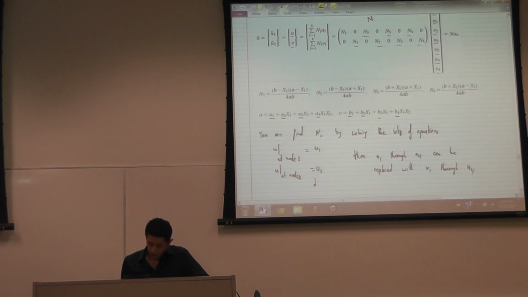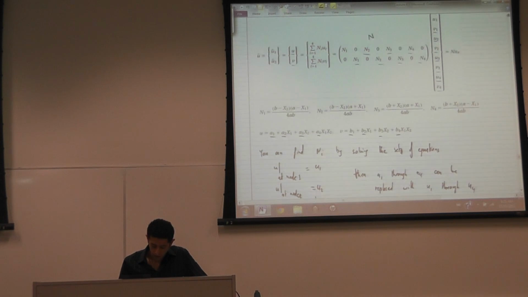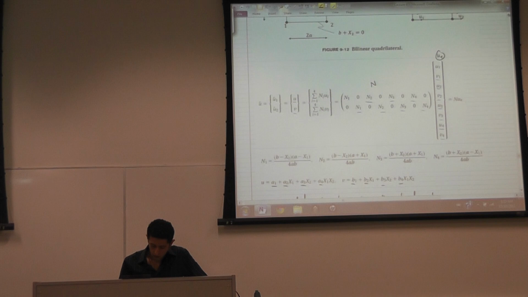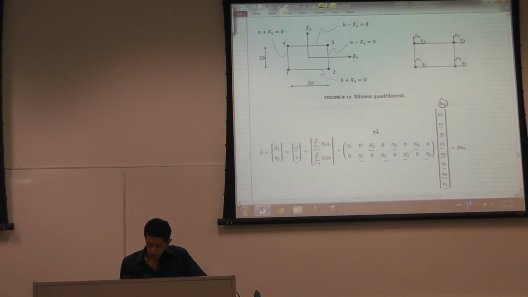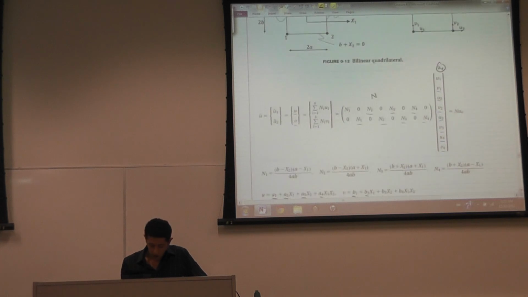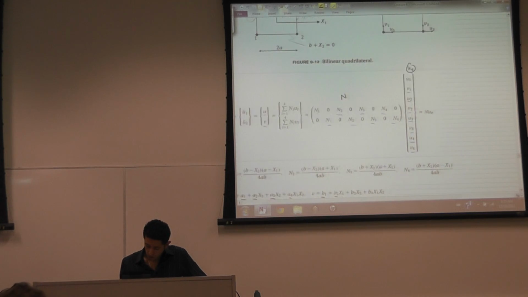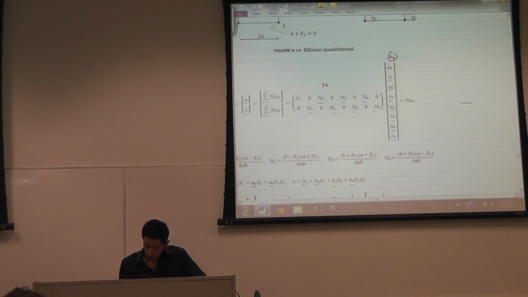Now this procedure is also equivalent to obtaining the shape functions as follows. I'm looking for a function. Let's look at n1. I'm looking for a function that will give me 1 here and 0 everywhere else.